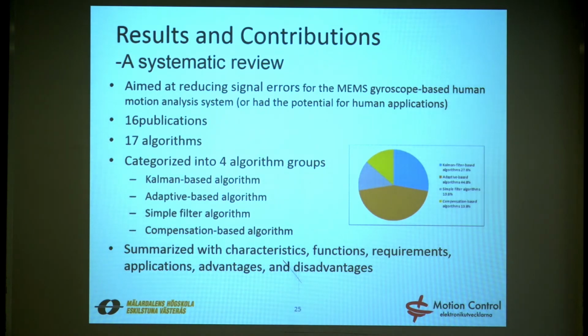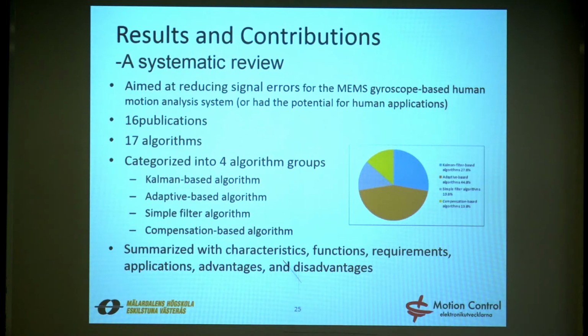In the systematic review in paper G, 16 papers were reviewed, and 17 algorithms were identified. They were classified into 4 algorithm groups.